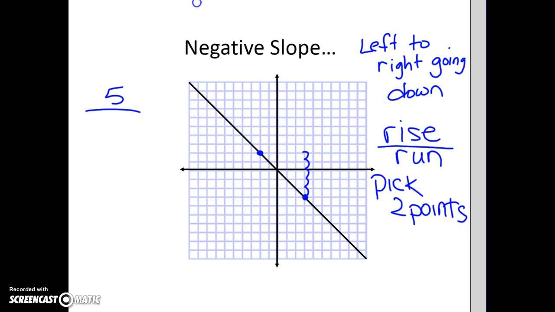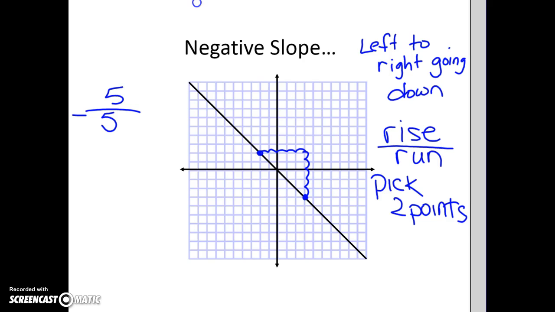And now I'm going to go to the left, and the left is considered a negative direction on a number line, so I know this is going to be negative. 1, 2, 3, 4, 5. So for my rise over run, I have 5 over negative 5.